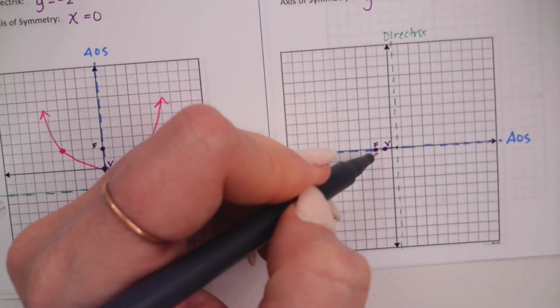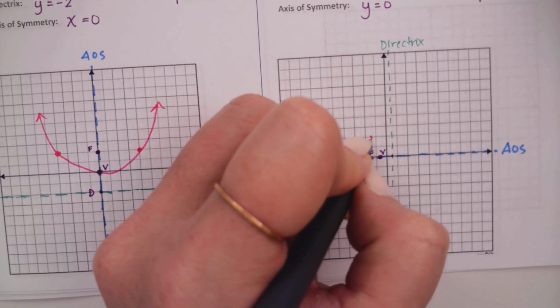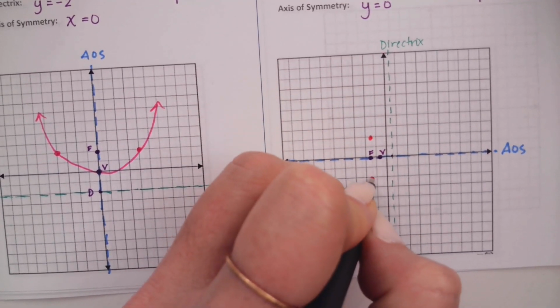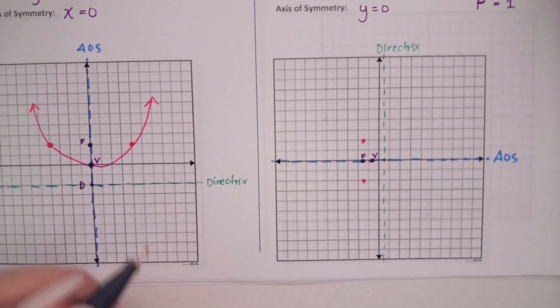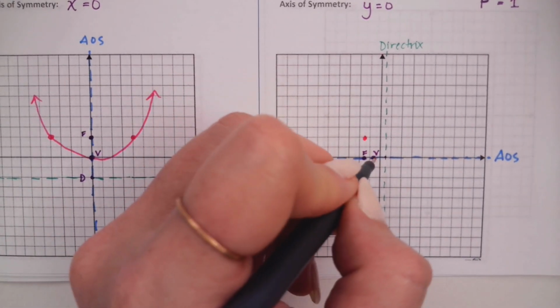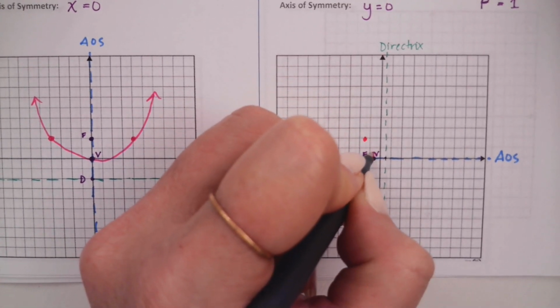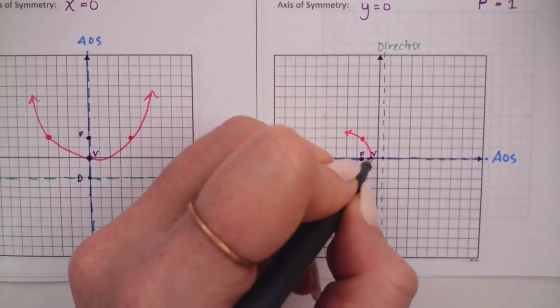That would mean 2 up and 2 down through the focus, because it should measure 4 all the way across. And then that creates 3 points that you can use to graph your parabola. One is the vertex, two are the ends of the LR. And remember, this one faces left.